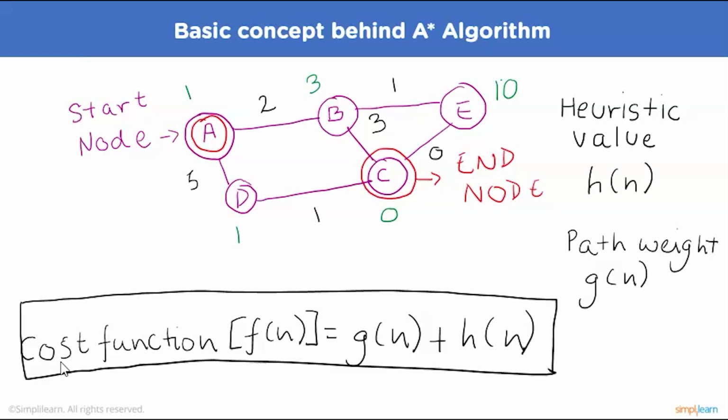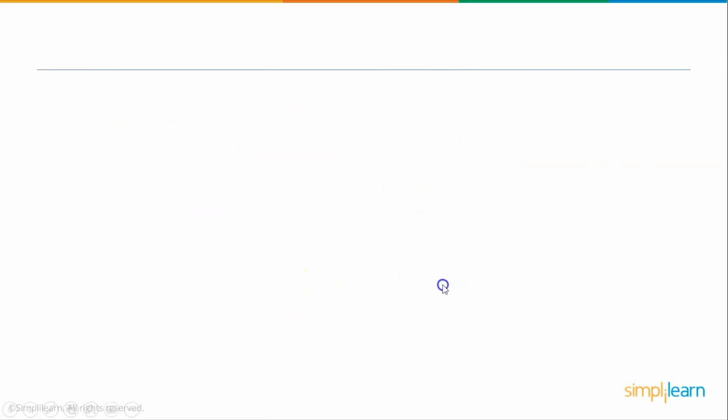Now g of n, which is the path value, is nothing but the cost of traversing from one node to another. Very obviously, this will vary from node to node. Whereas h of n, or heuristic approximation of a node's value, is not a real value but an approximation cost that you or some other person has assigned to various nodes.